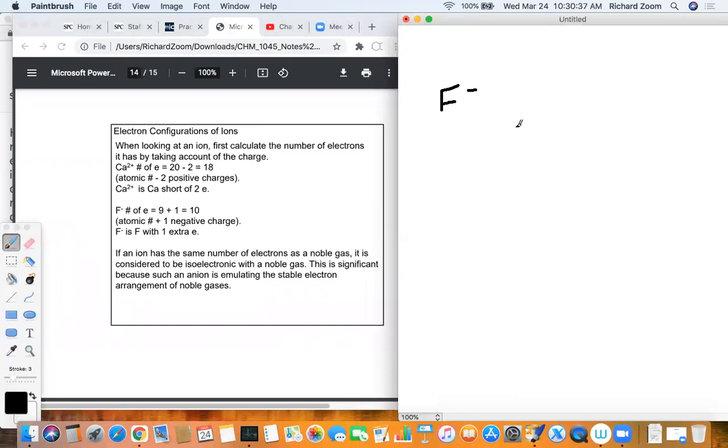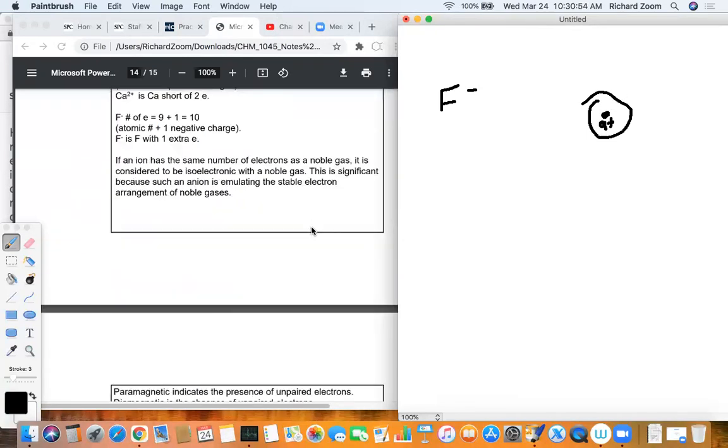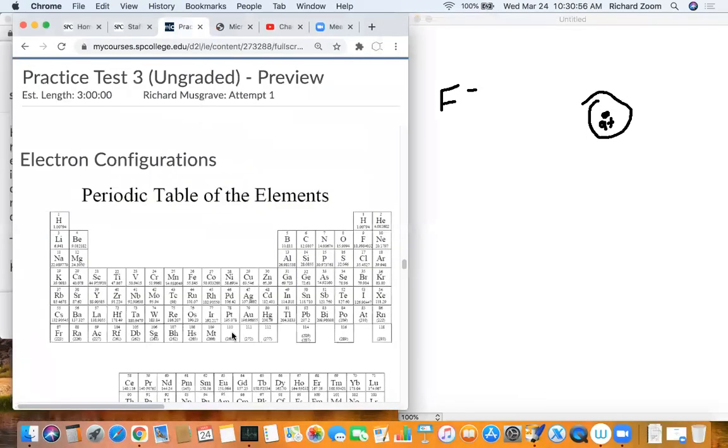F minus. And that means that if we look at the number of protons we have for fluorine, we're looking at 9. So it's 9 plus in the middle. And remember looking at the other one here. Fluorine is over here, it's at number 9. That's how I know it's got 9 protons.